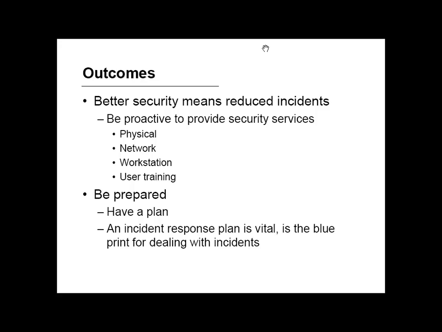As I indicated on a previous slide, an incident could be an intentional act, or it could be an unintentional act. If a user accidentally deletes an entire set of backups, does it really matter whether that's intentional or unintentional? In the end, it really doesn't matter, because the backups are gone, and therefore it's going to have an impact on the organization regardless.